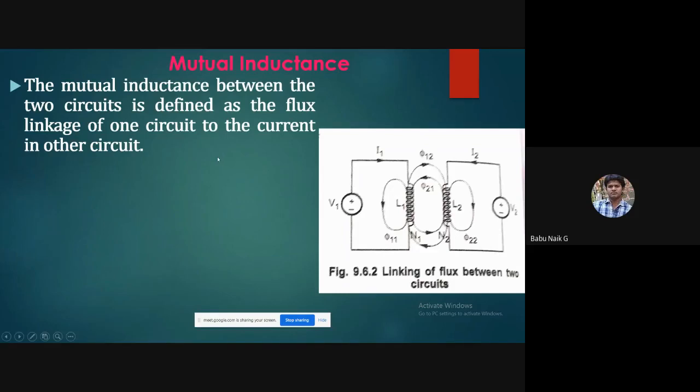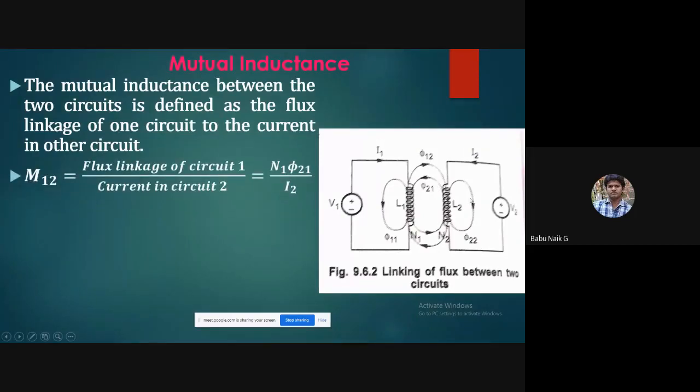So what will be the mutual inductance between these two circuits? It is defined as the flux linkage of one circuit to the current in the other circuit. This is our mutual inductance definition.